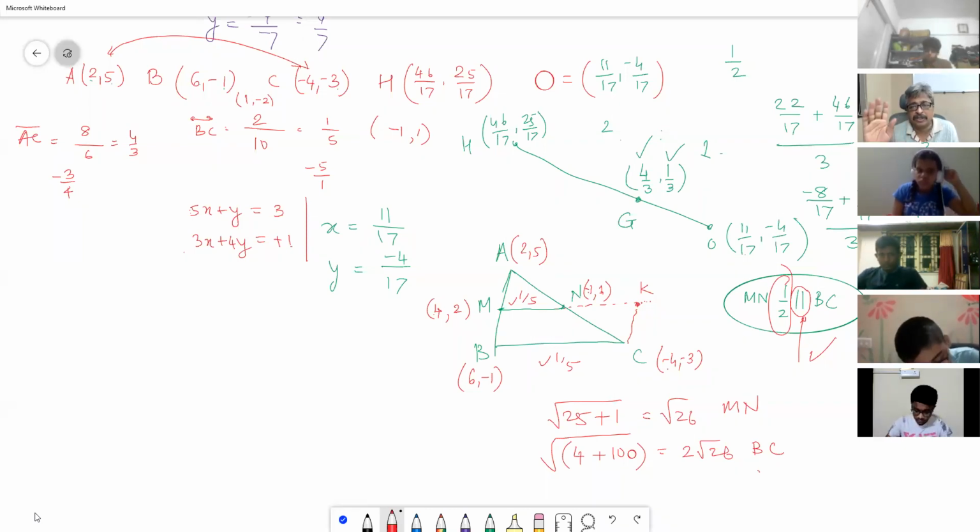Only calculations. Do calculations, you will get the answer. It is not like geometry, where you need an out of box construction, then only you can solve that problem. It is not like that in coordinate geometry.